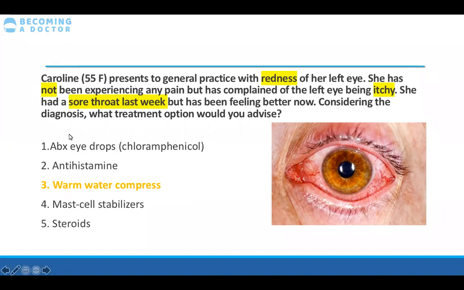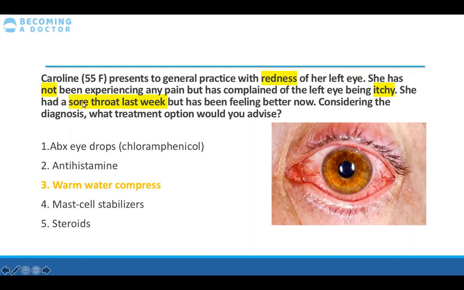The first option, antibiotic eye drops, would be applicable if she had bacterial conjunctivitis. And here, the fact that she had a sore throat, there's no pus, no sticky eyes, a viral conjunctivitis would be more likely. Antihistamines and mast cell stabilizers are both options you can use if you have an allergic conjunctivitis.